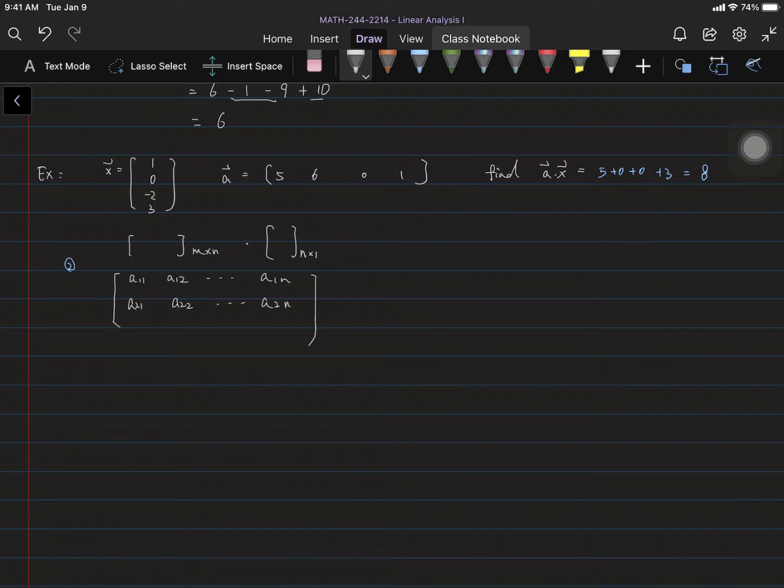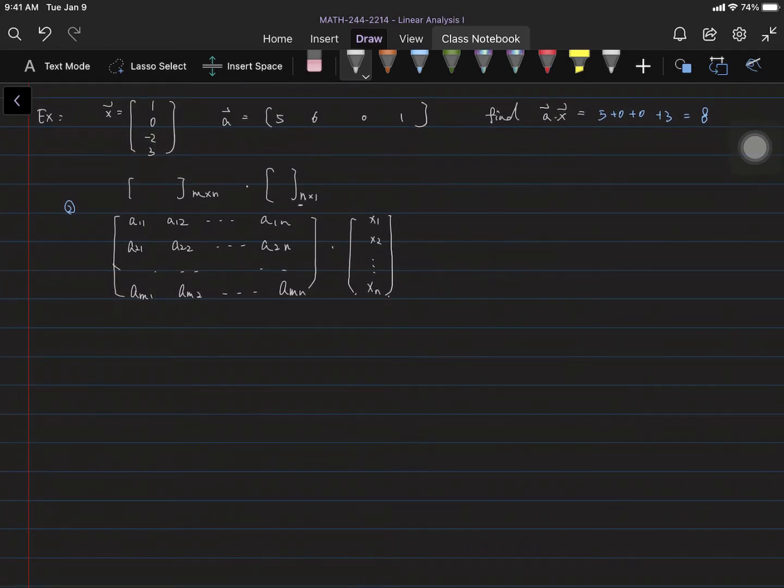So this is a general matrix, right? And M by N means we have M rows, multiplied by x1, x2, and so on. Same n, you can see n here.